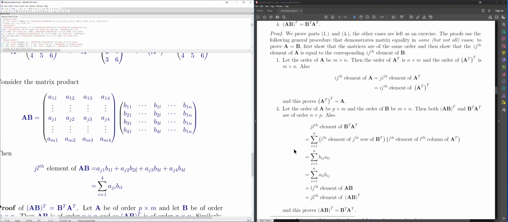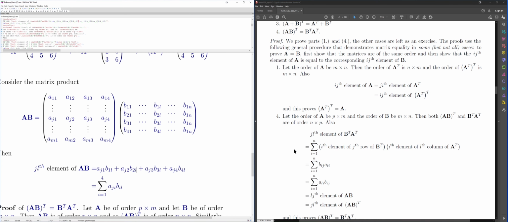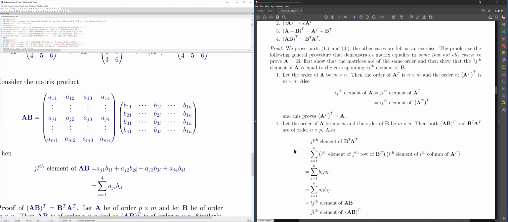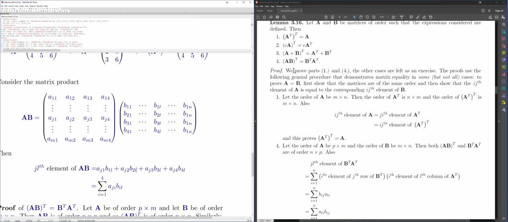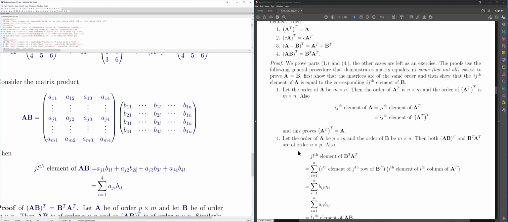Okay, and now what you want to do is show that any element over here is equal to the corresponding element across here. Over here I use ij, the ijth element, but I'm going to use index i over here, and because I'm using index i, I don't want to use it across here when I'm locating the element in the product.